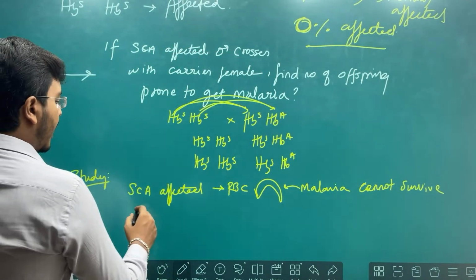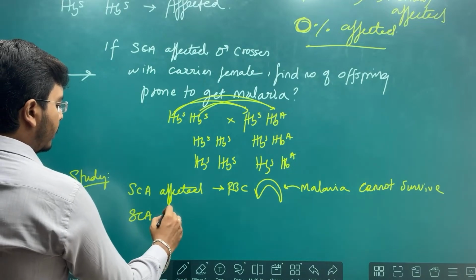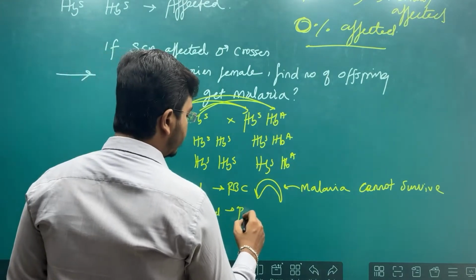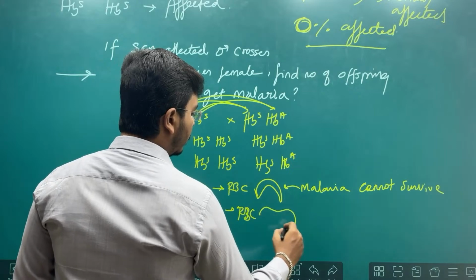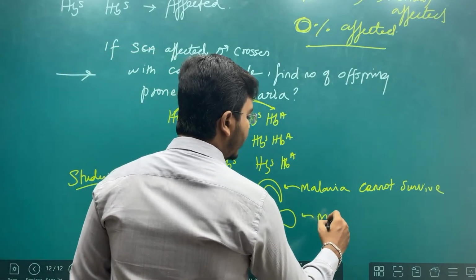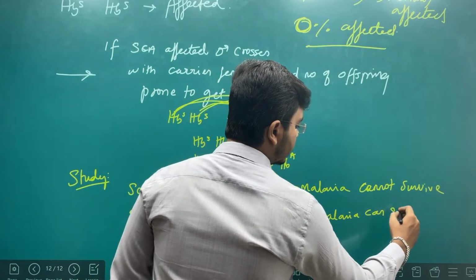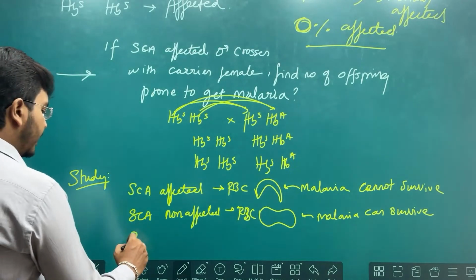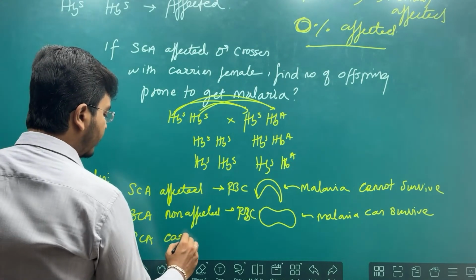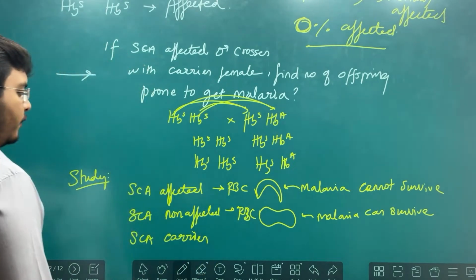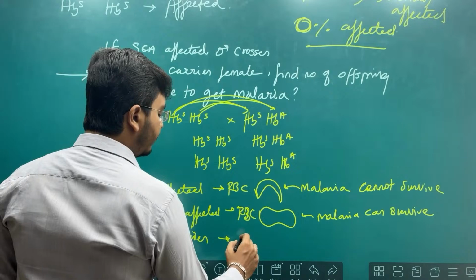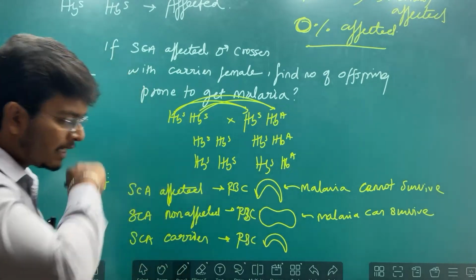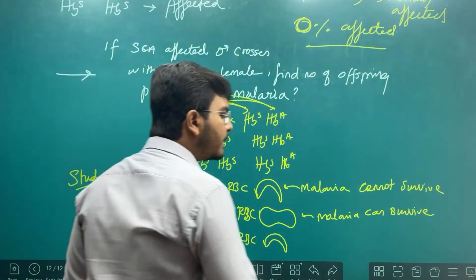Got my point, right? Now suppose a person is not affected by sickle cell anemia. How will their RBC be? It will be a normal biconcave shape. So malaria can survive in their body. Now let's say someone is a carrier for sickle cell anemia. If a person is a carrier, how will the RBC be? The RBC will still be sickle, but they don't show symptoms.